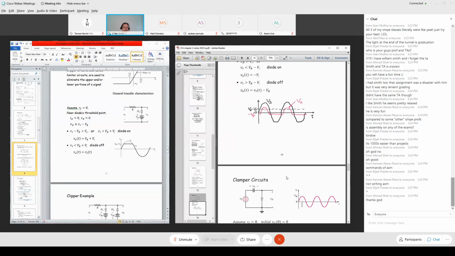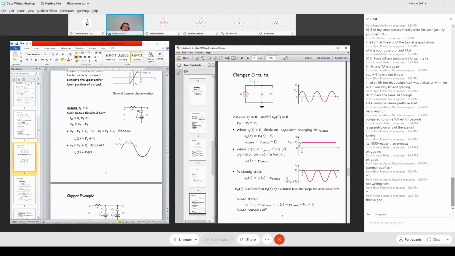No question? Now let's learn the next important circuit, called the clamper circuit. This clamper circuit has a source and a diode, but the important thing is we introduce a capacitor. In the clamper circuit, the capacitor plays an important role. Let's see how.